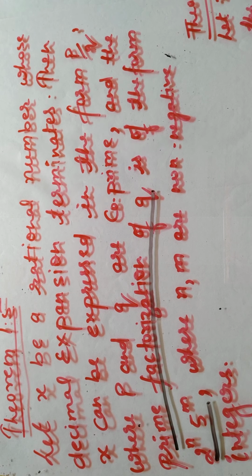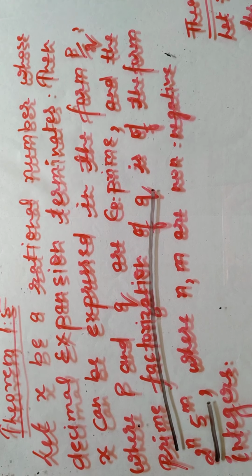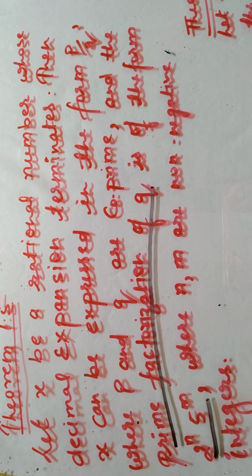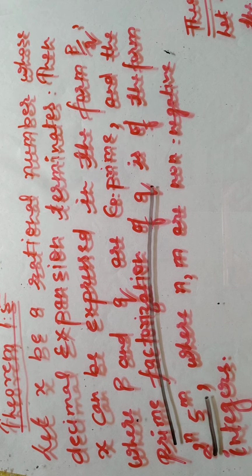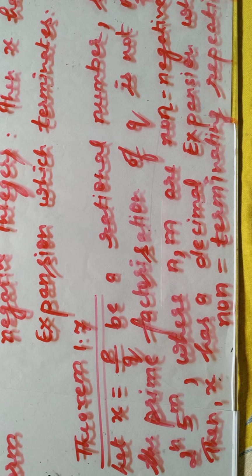So today we covered theorem 1.5, in which if a number is terminating, then we can write the denominator in the form of 2 to the power n or 5 to the power m. In the next theorem, if the denominator is in the form of 2 to the power n and 5 to the power m, then definitely that rational number is terminating.